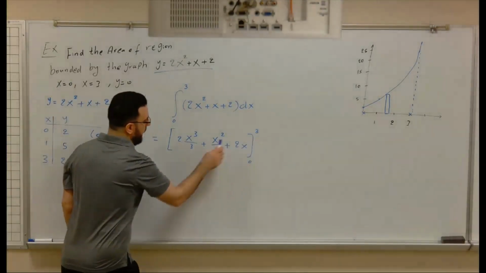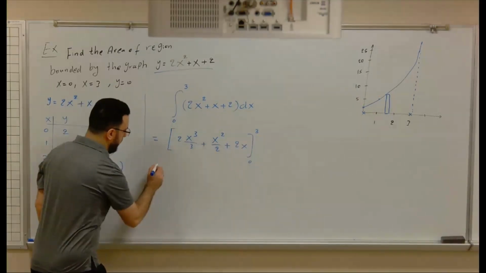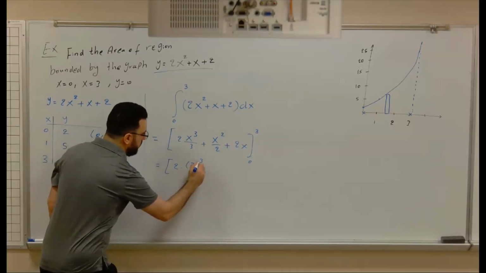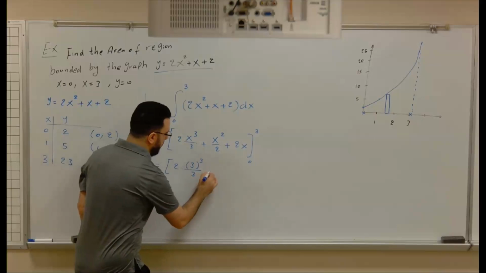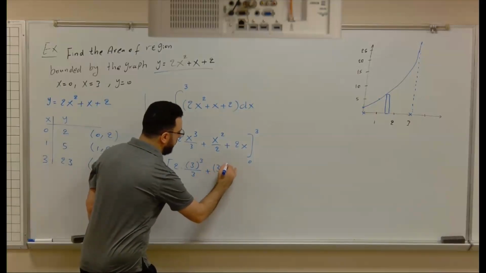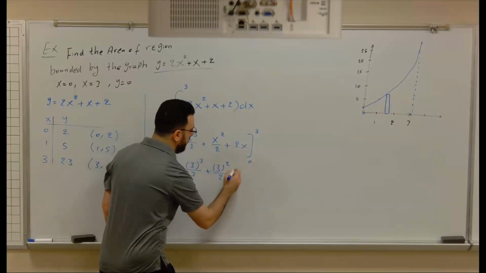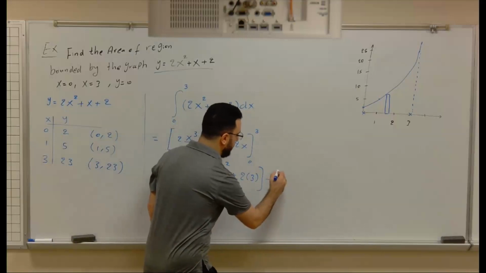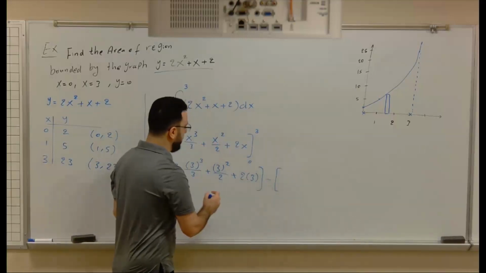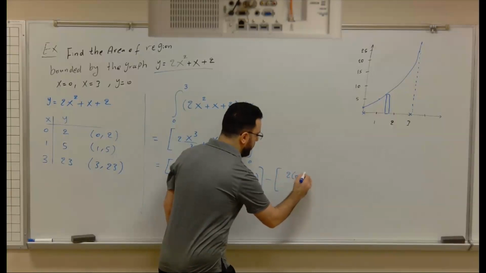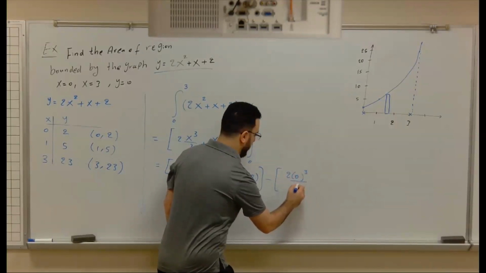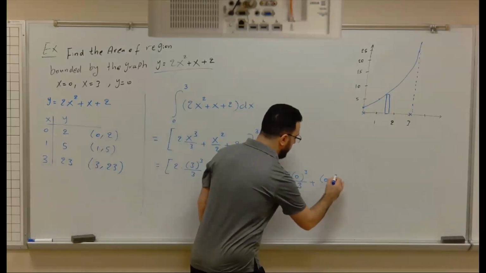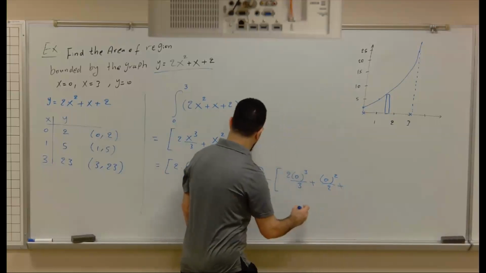So now we're going to plug in 3. That means it's going to be 2 times 3 cubed over 3 plus 3 squared over 2 plus 2 times 3, and minus, for the second part, you're going to plug in the 0: 2 times 0 cubed over 3 plus 0 squared over 2 plus 2 times 0.